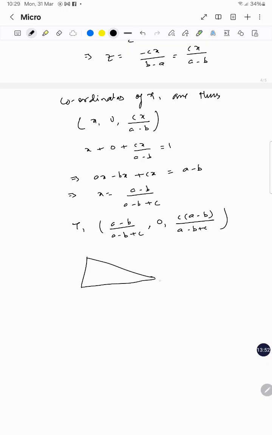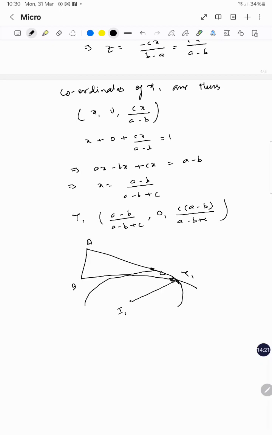So another property of Y1 is that I1 Y1 is perpendicular to AC, because this is where this excircle touches and is a tangent, and I1 is the center of the excircle.